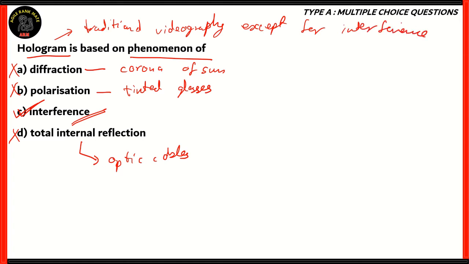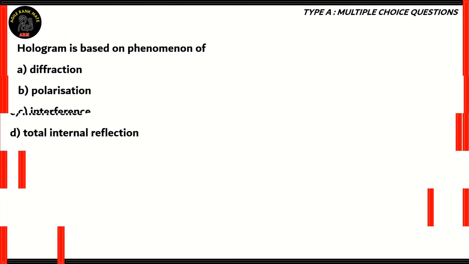So basically what happens is that in a traditional photograph or videograph, the light that enters the camera is straight light, and which is not interfered. However, for a hologram, there is wave interference in the light rays that hit the camera. So therefore option C is the correct option.